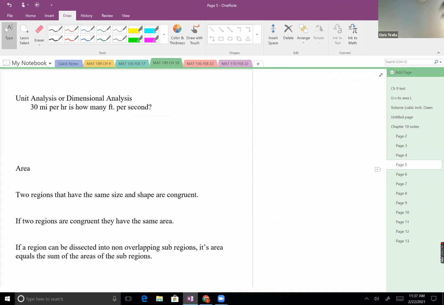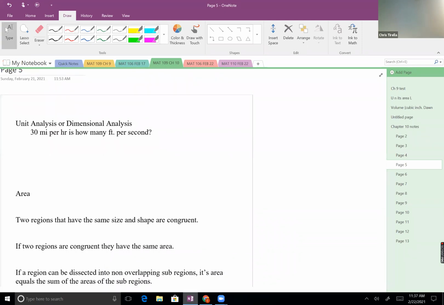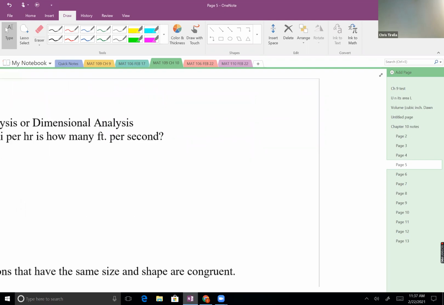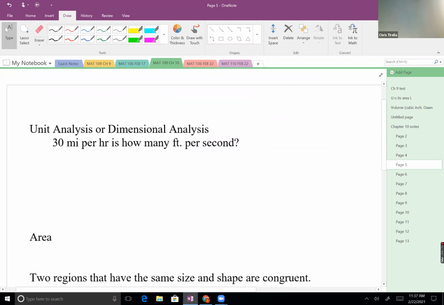So in order to convert, we use something that's called dimensional analysis. And when I look at this idea of dimensional analysis, what I want to do is make a fraction of your conversion facts.